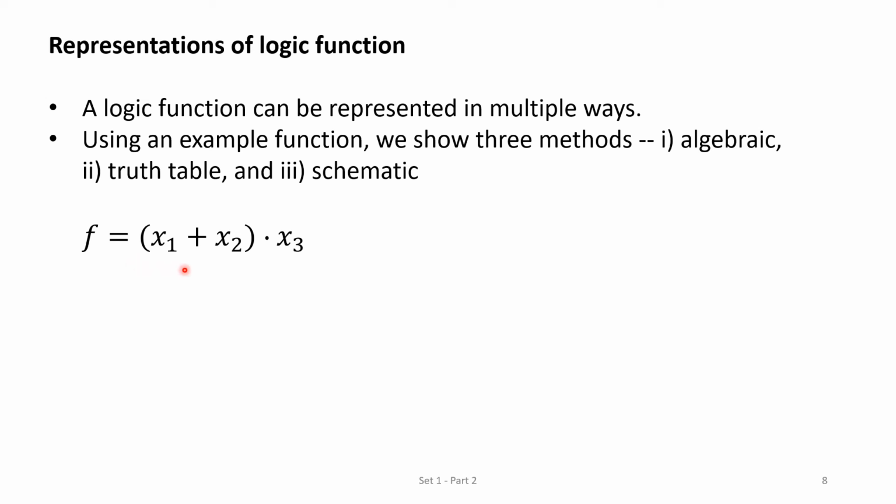So this is an example of algebraic form of logic function. This function f has three variables, x1, x2, and x3, and the relationship is shown here. So x1 plus x2, and this sum is ANDed with x sub 3.